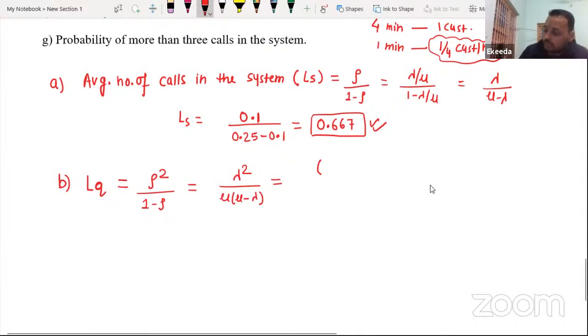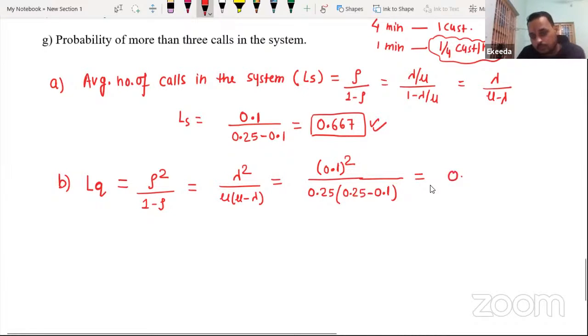So this is going to be 0.1 square upon mu, which is 0.25, into 0.25 minus 0.1. You can solve it, and the answer is going to be 0.267. This is the answer of the B part.